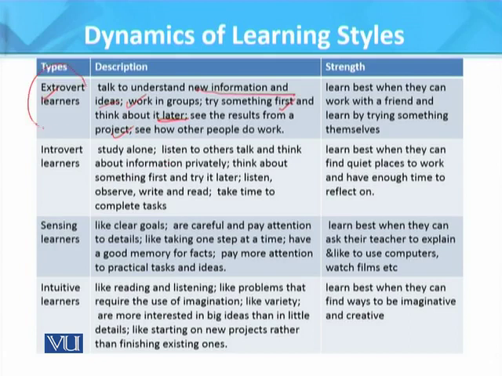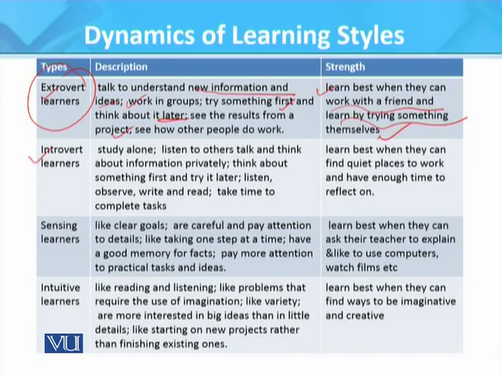So for extrovert learners, the emphasis is on how other people work, and they prefer groups and trying something first and thinking about it later on. Their strength is that they learn best when they can work with a friend and learn by trying something themselves. So they prefer group work, and that is where their strength lies.